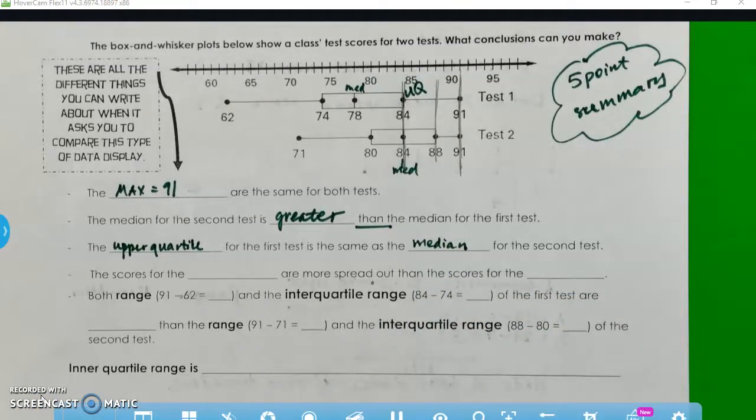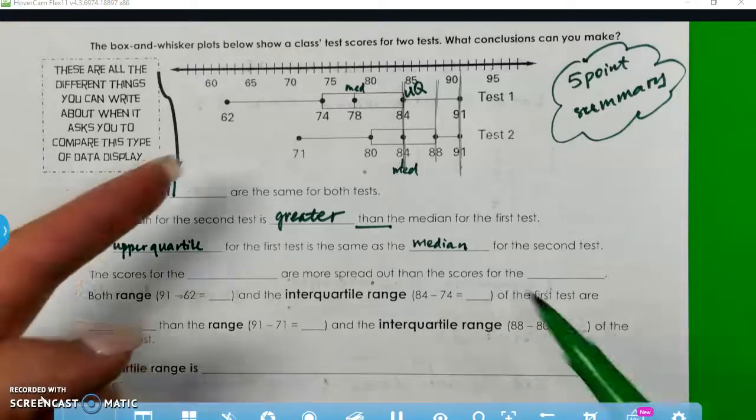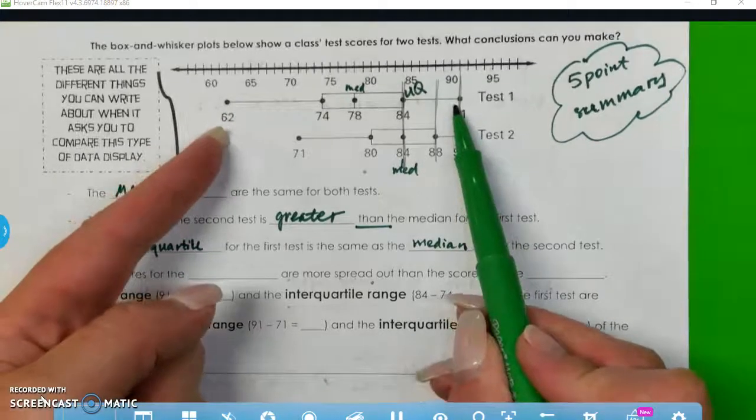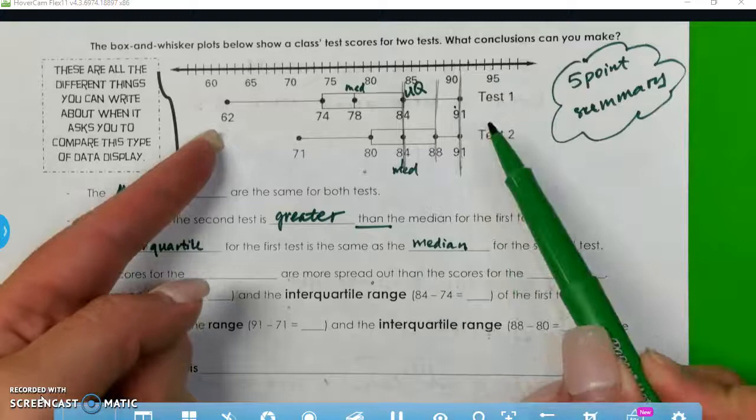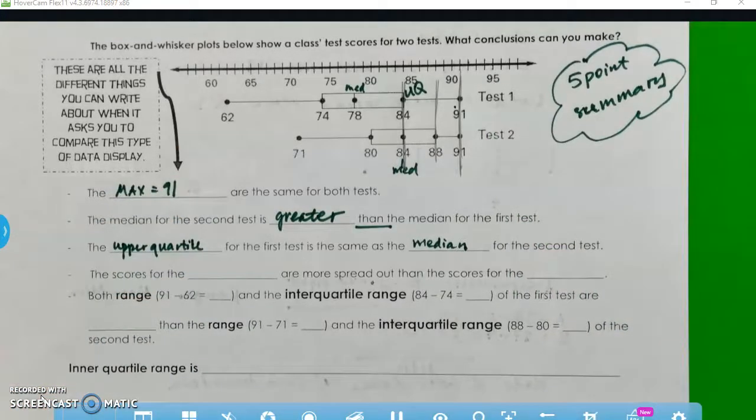All right, next statement. The scores for test 1 or test 2 are more spread out than the scores for test 1 or test 2. A lot of times, the actual length of your graph will help you analyze that spread.